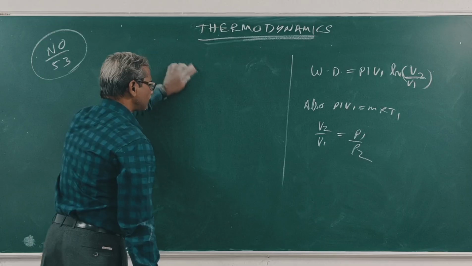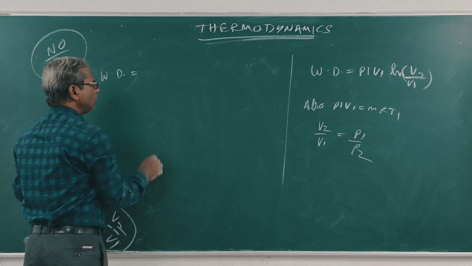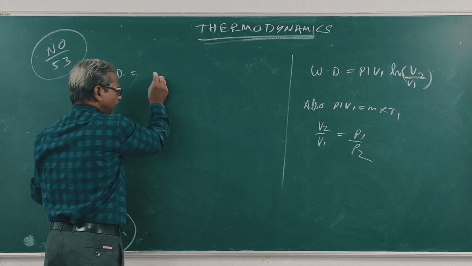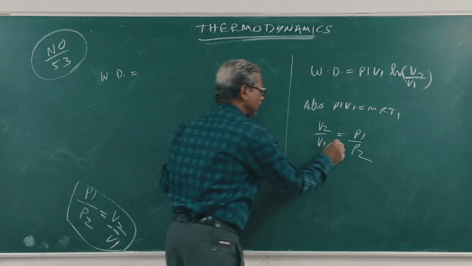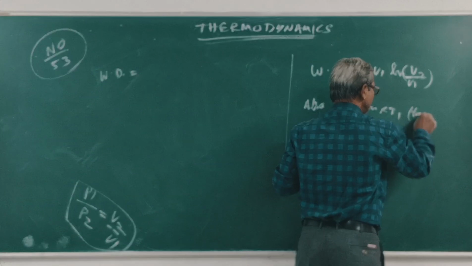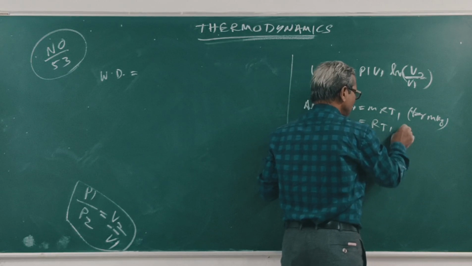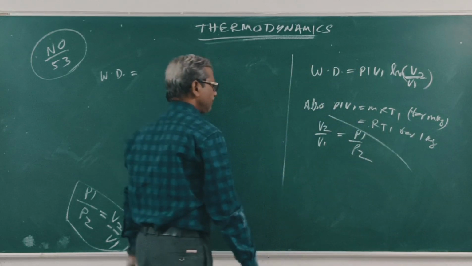Putting all the values in this equation. Now, work done is equal to P1 V1, which means m R T1. Since m is 1, take P1 V1 as R T1. This is for m kg; this is R T1 for 1 kg. Right?